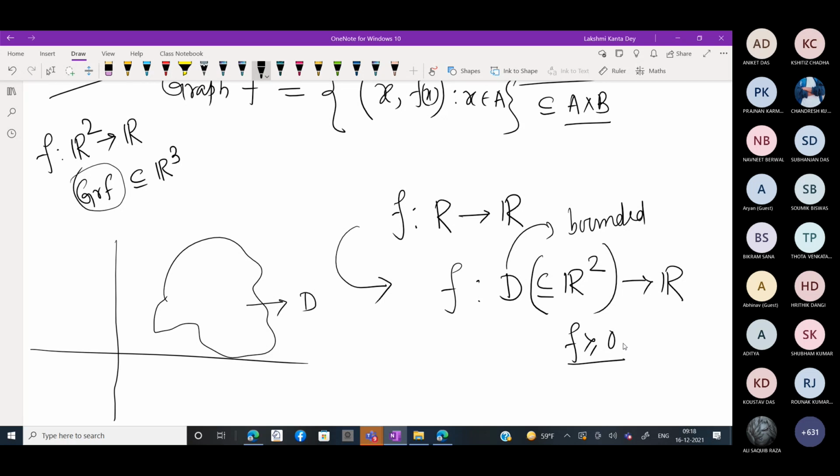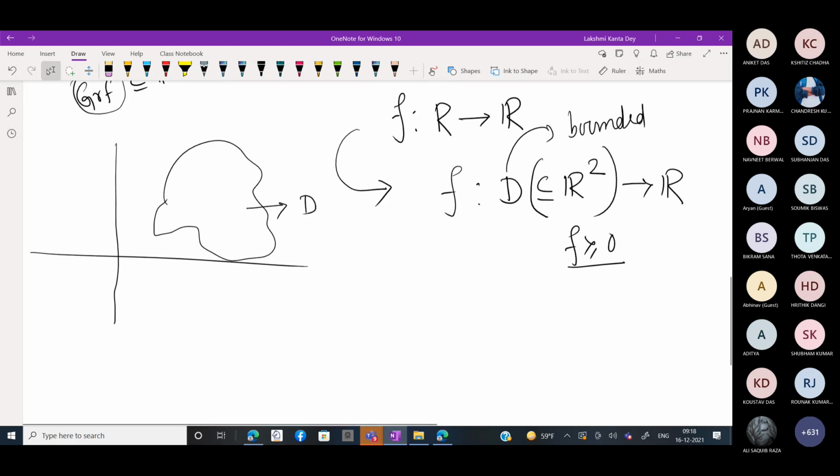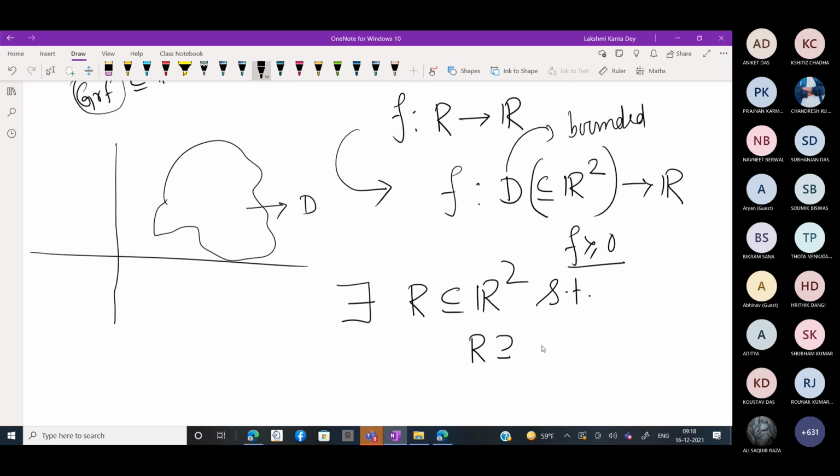So in this case, what should we do? Since the region is bounded, there exists a rectangle R, a subset of R2, such that R is a superset of D. Since it is bounded, we can always construct one such rectangle.